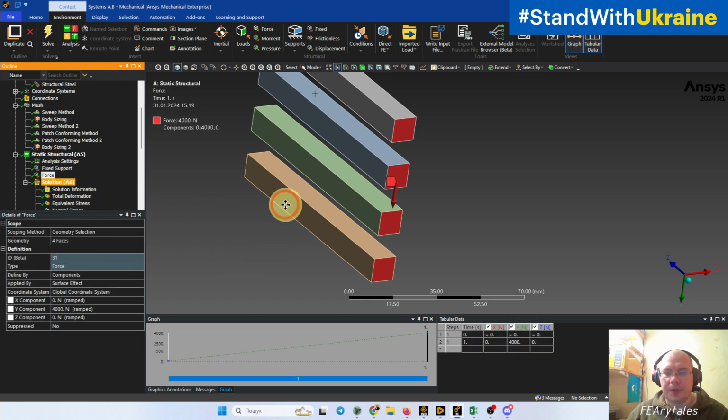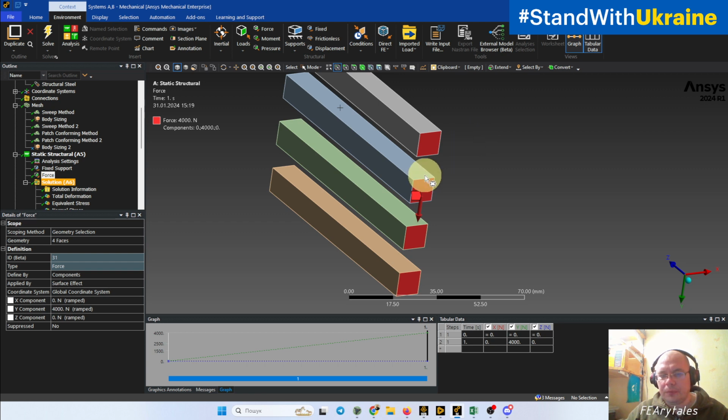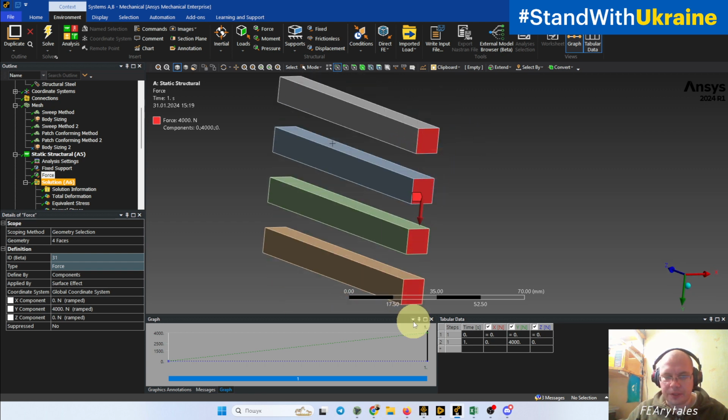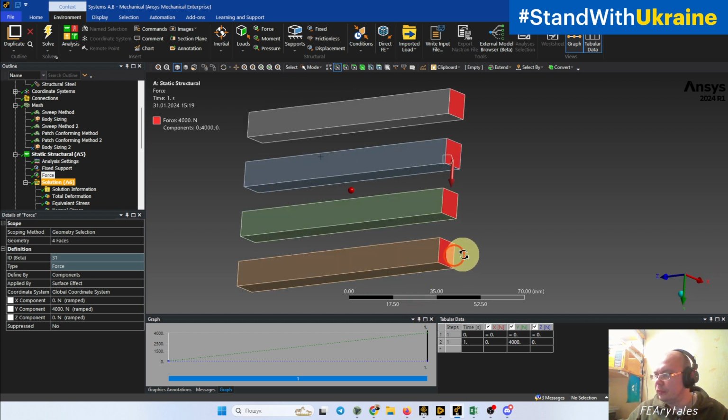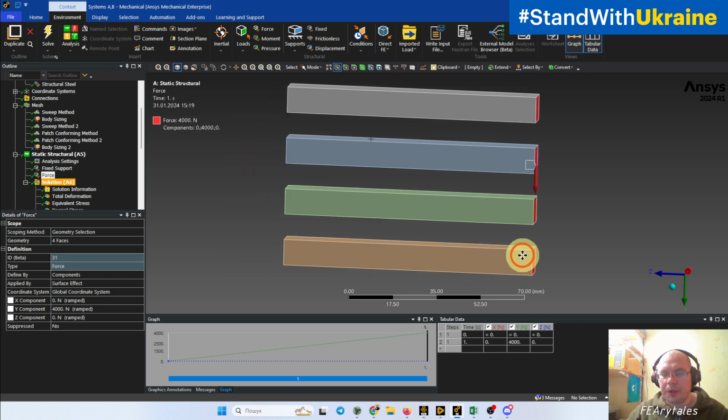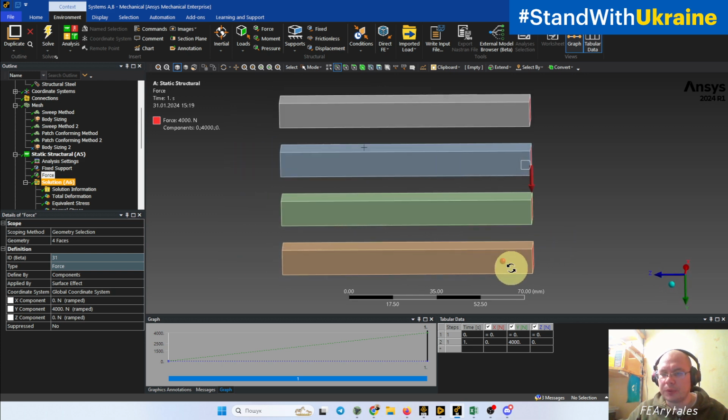This force is applied in one step for all these faces, and because we have 4 same faces and we apply 4000 newtons, we obtain 1000 newtons for every face. So we have the same cantilever beam with the same type of fixation and same loads.